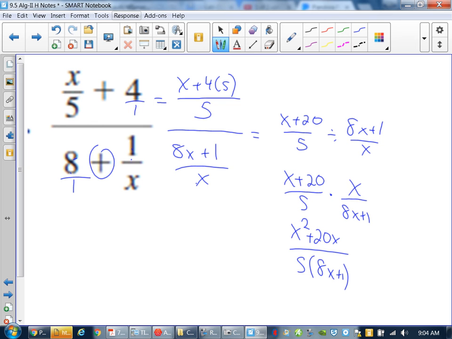This one was over 1, this one was over x. The common denominator is multiplying the two together to get x. This needs x. This needs the 1. So that's why it's 8x. Pretty much. Because you're multiplying this one by a factor of x over x, and you're multiplying this one by 1 over 1. That's what you're doing to generate it.